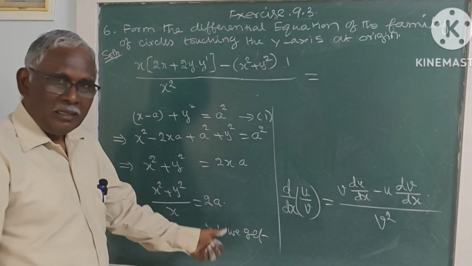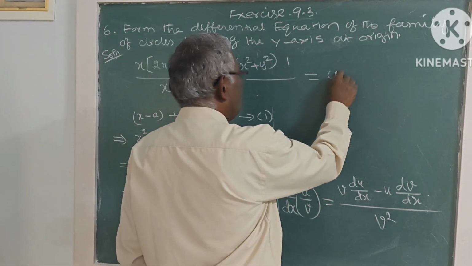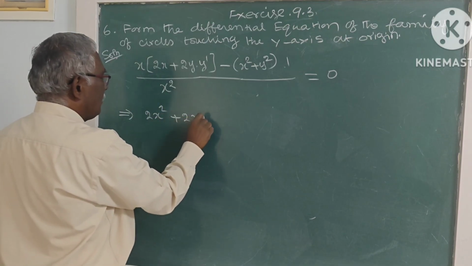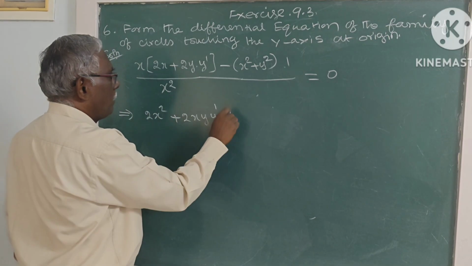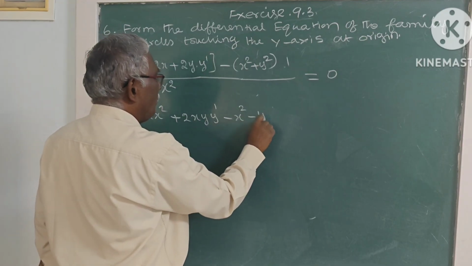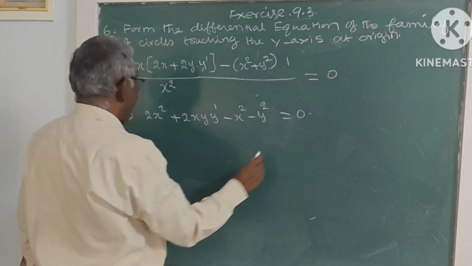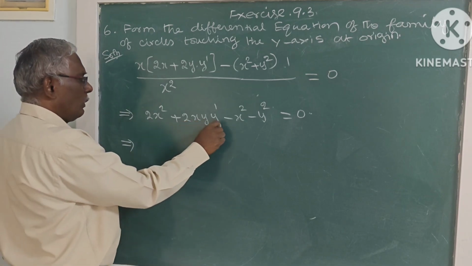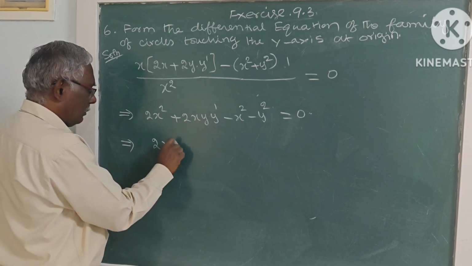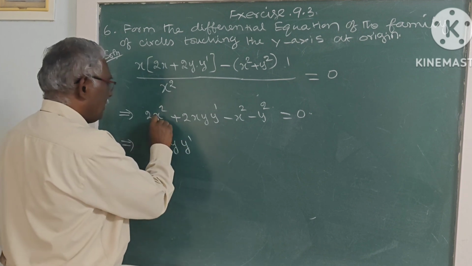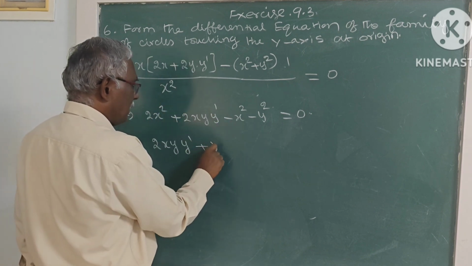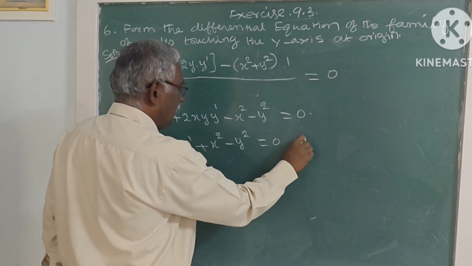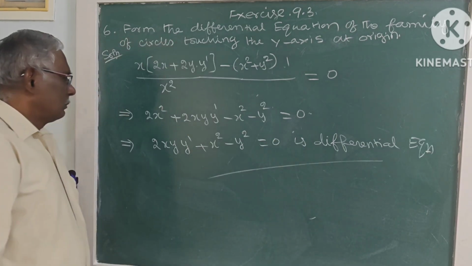If we differentiate 2a, that is a constant, so 0. On simplifying we get 2xy dash plus x square minus y square is equal to 0, which is the required differential equation.